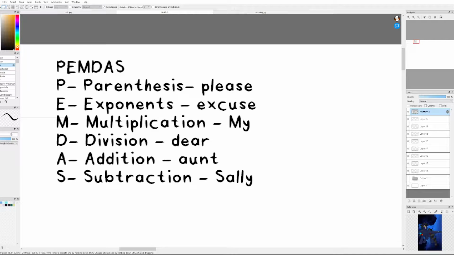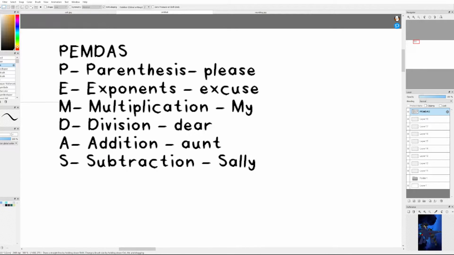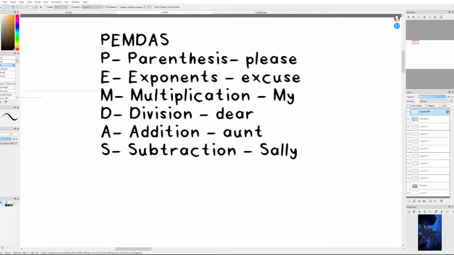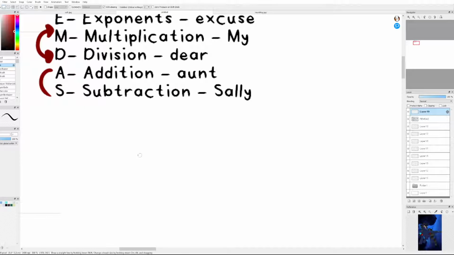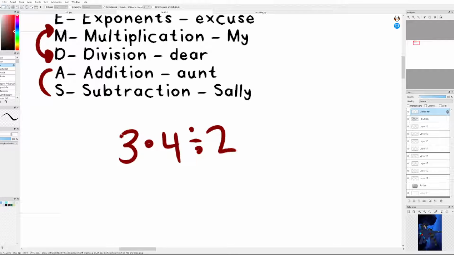So when we're thinking about the order of operations, one thing to note is that multiplication and division, and addition and subtraction, don't have any preference over each other. If you have something like 3 times 4 divided by 2, they're all on equal footing.